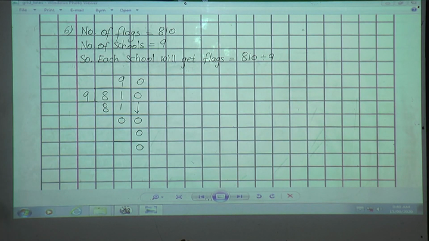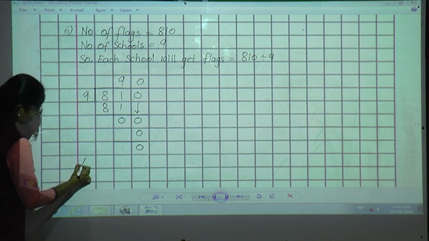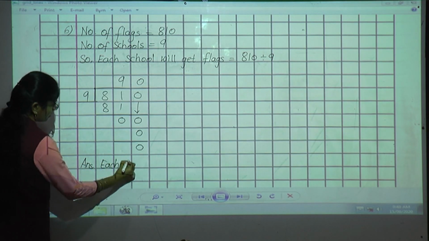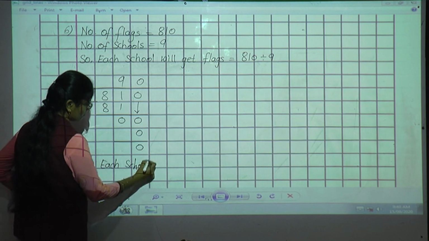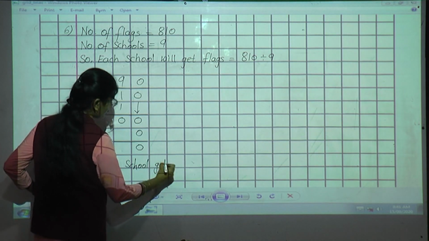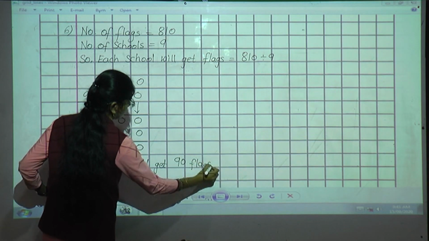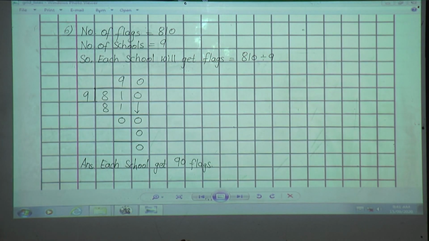Okay, so each school will get 90 flags. Okay, so here we will write the answer. Each school gets 90 flags, because total number of flags 810, and these 810 flags were shared equally by 9 schools.